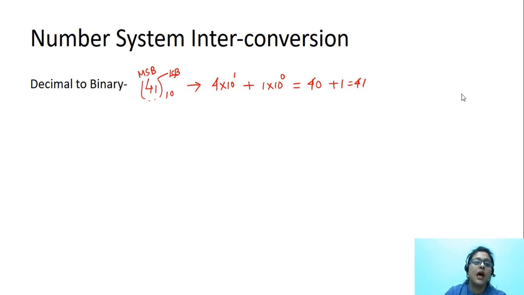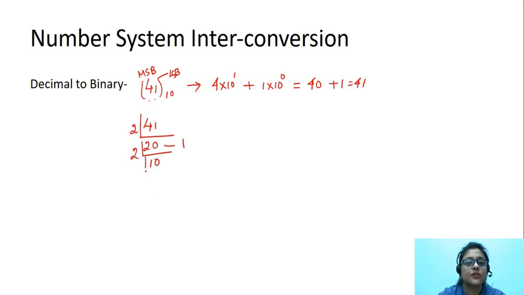Now we will see how to convert a decimal to a binary number. Let's say we have this decimal number 41. We have to go on dividing this number by 2, and we keep the remainder. We go till we reach the last stage. Let's look at how we do it. So you divide 41 by 2. So the remainder here is 1.